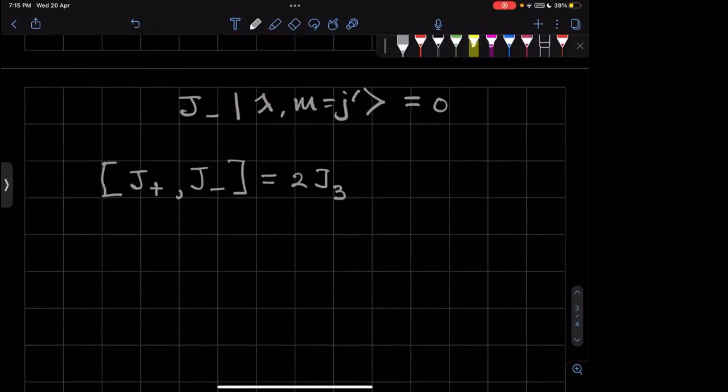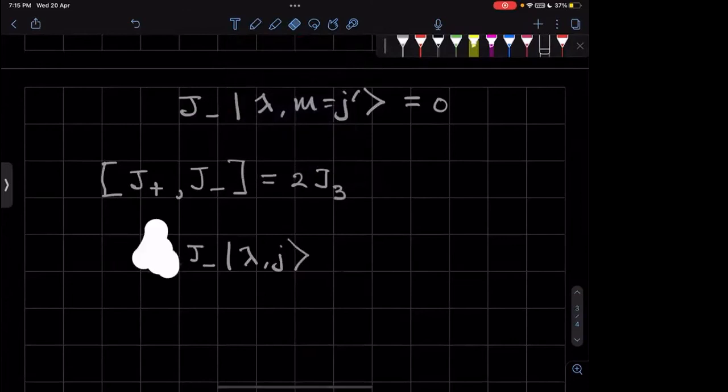So, if we were to take the highest weight state and apply J minus on it, and I want to have this thing non-zero, what should I put here?